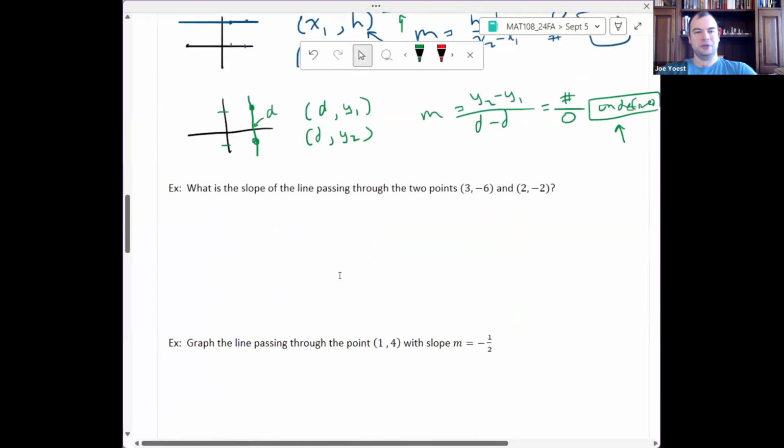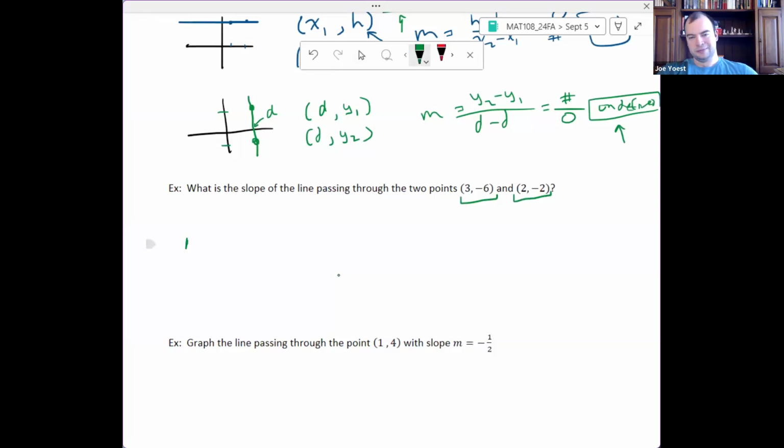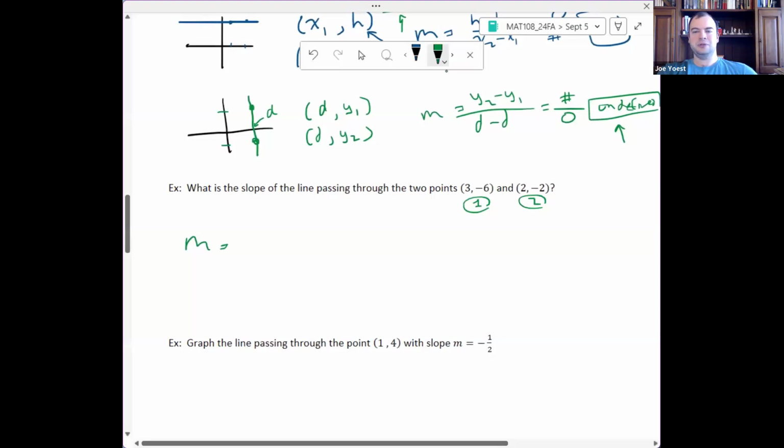All right, what's the slope of the line passing through 2 points? If I'm given the 2 points, how do I compute slope? Well, I just label them. Let me call this point 1 and this point 2.